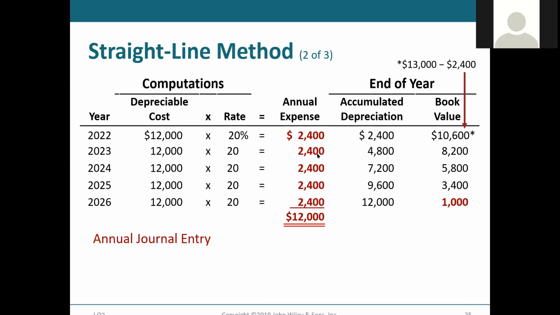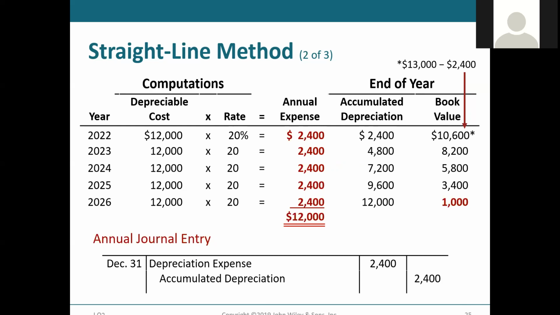The next year, debit expense for 2,400, credit accumulated depreciation, 2,400. The accumulated depreciation goes up every period until it equals the original cost of the asset, less salvage value. And here's your journal entry. Debit depreciation expense, credit accumulated depreciation.